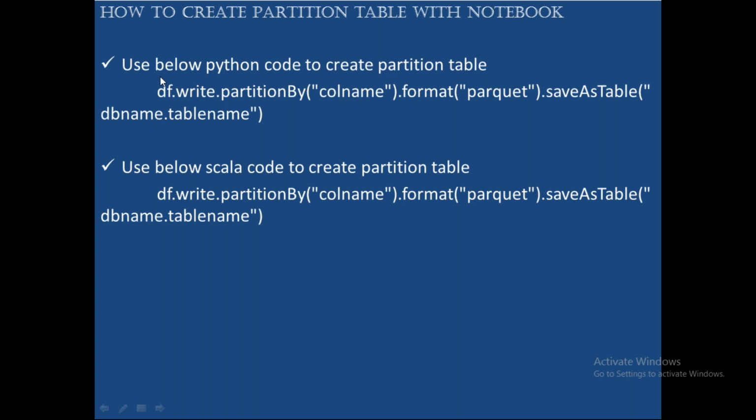In the mentioned database, you are going to create this table. In this case, you are writing the entire data which you have in this DF. But while you are writing this entire data into this table, you are applying partition. It will partition the data and write the partitioned data. So if you have regions, region equal to India, region equal to US, something like that, it is going to create multiple partitions.